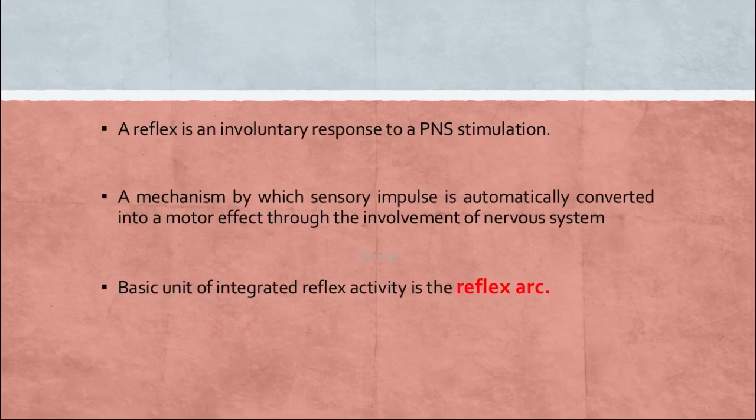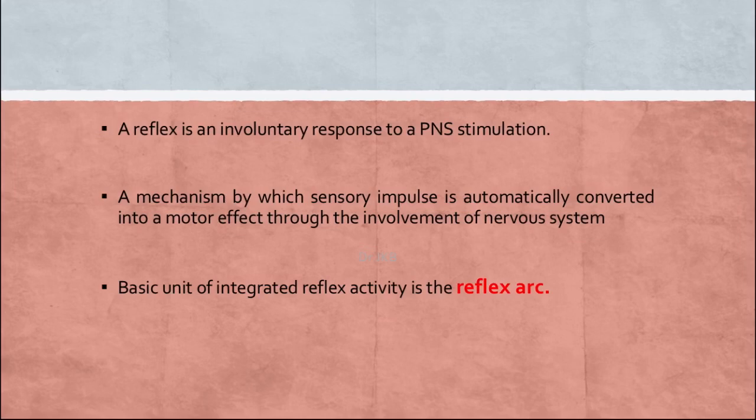So, the basic unit of, like when you are doing the stretching, if we take the example of the knee jerk reaction, we hit the tendon of the quadriceps femoris with the knee hammer, meaning we are stretching it by hitting.